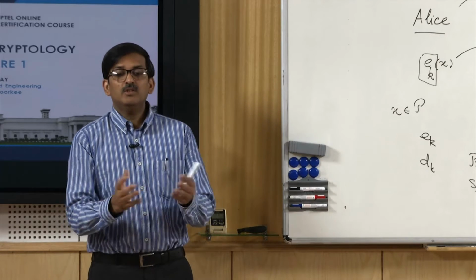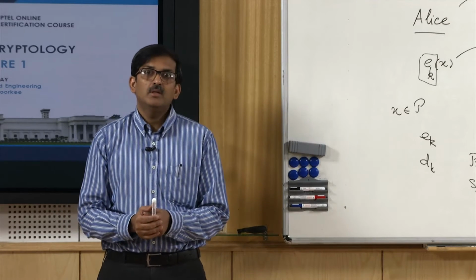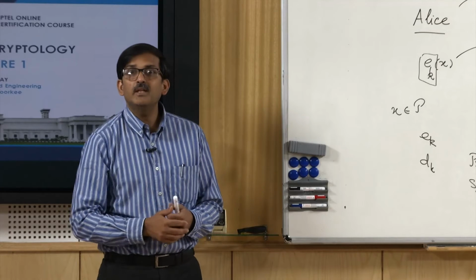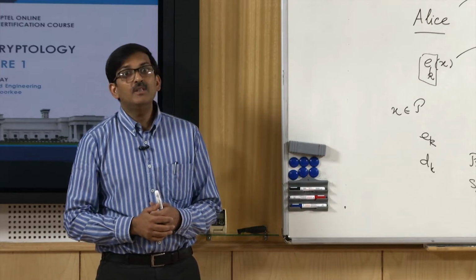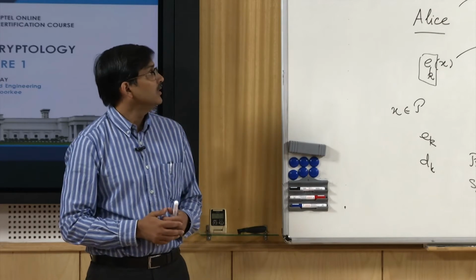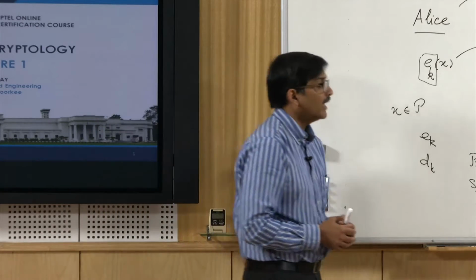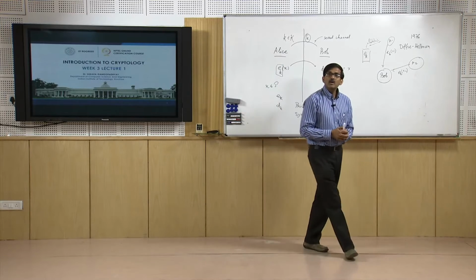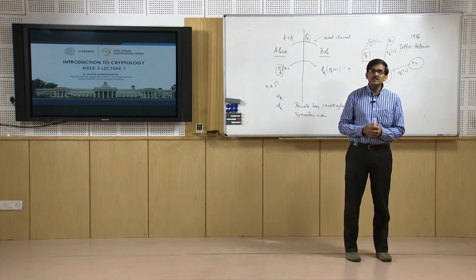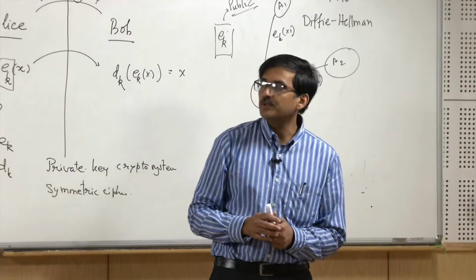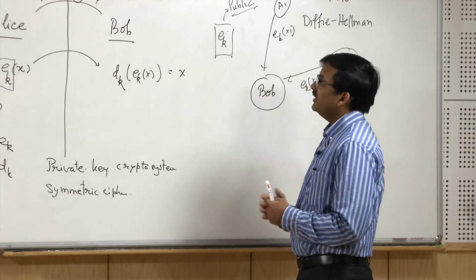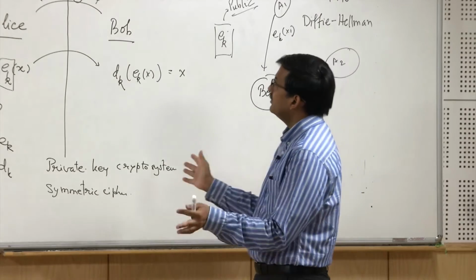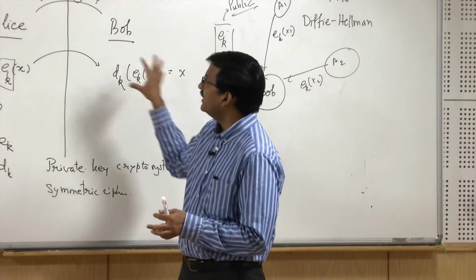The whole construction should be such that the computation of the decryption function becomes infeasible. If that happens, then we will have something that will be called a public key cryptosystem or an asymmetric cryptosystem, where the asymmetry is with respect to the knowledge of the sender and the receiver.